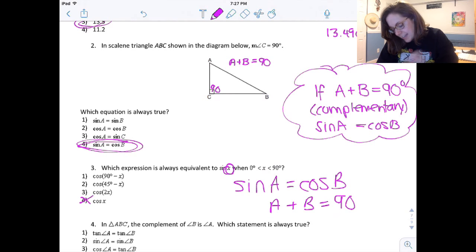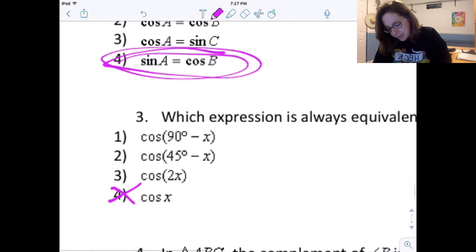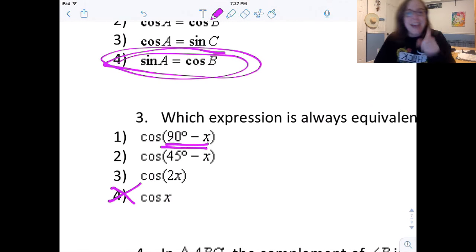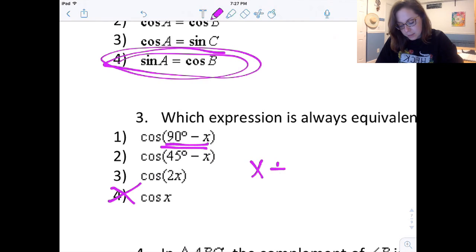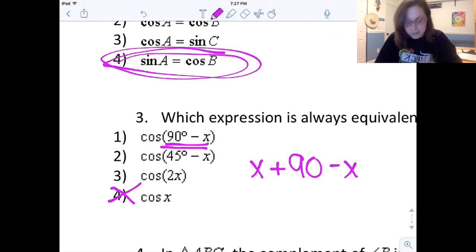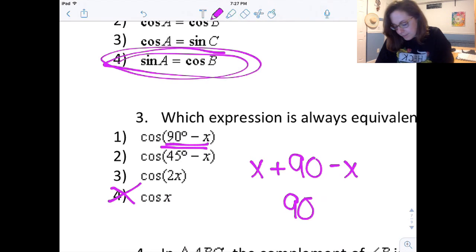I'm not going to say that it's x because I don't know that this is 45 and 45. But look at this one. If one is x and the other is 90 minus x, wouldn't those be 90, right? x plus 90 minus x. We call that the complement. Those add up to be 90. So it is 1.